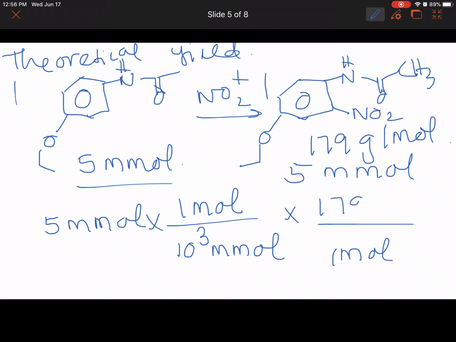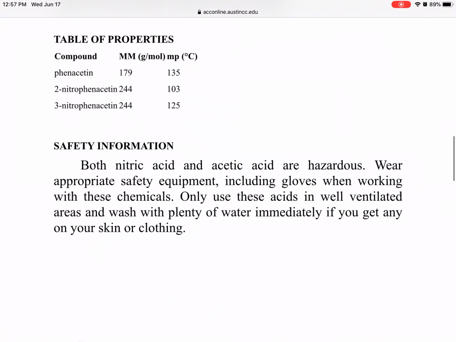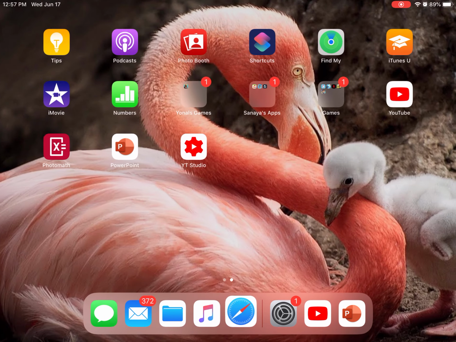Nitrophenacetin is 179 grams. So 5 over 1000 times 179. No, nitrophenacetin is different, not 179. 244 something. Let me recheck that. Yes, nitrophenacetin 244. Okay, not 179.